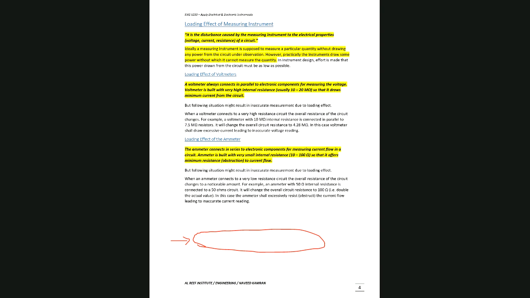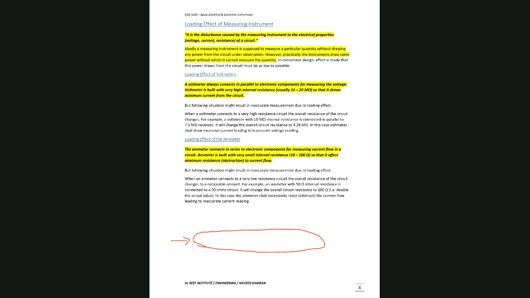But there is a problem. What if you come across a circuit which is already very low resistance, comparable to the ammeter resistance? The example says the ammeter internal resistance should be less than 100 ohms. But what if you connect it with a circuit whose own resistance is 50 ohms?